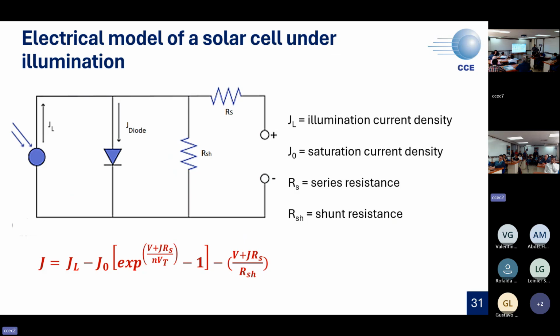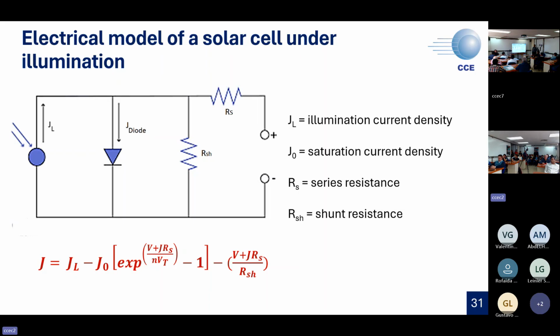In order to understand the reason for the difference in performance, we work with a model based on the electrical model of solar cells under illumination. The equation represents this electrical model, and this is the equivalent circuit of the electrical model.